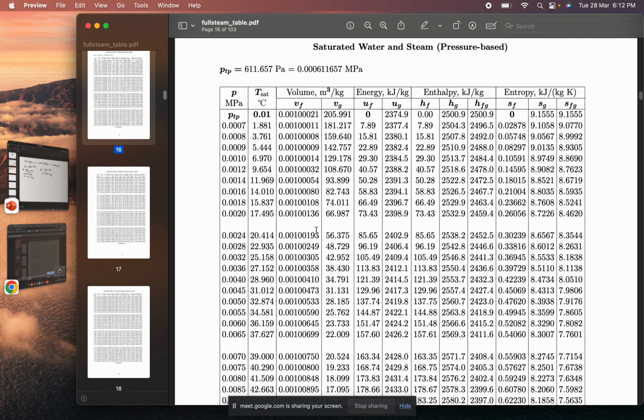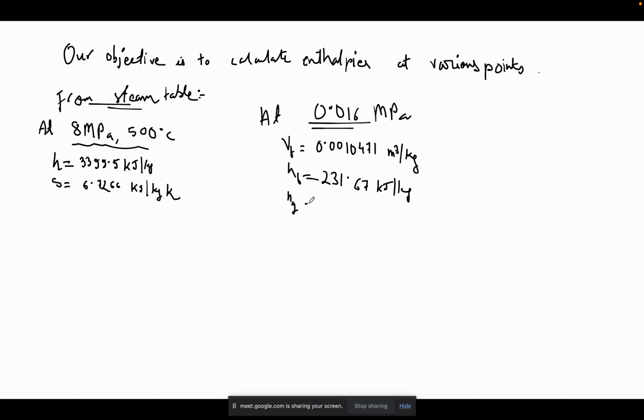Then Hf is 231.67 kilojoule per kg. Then Hg is 2600.6 kilojoule per kg.